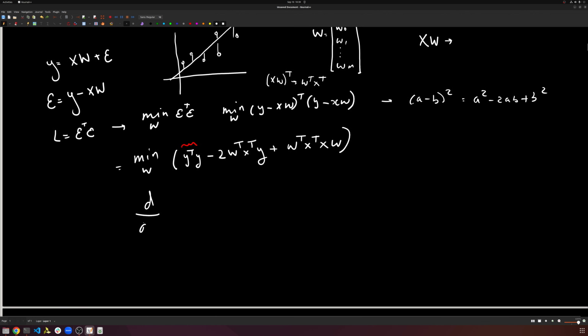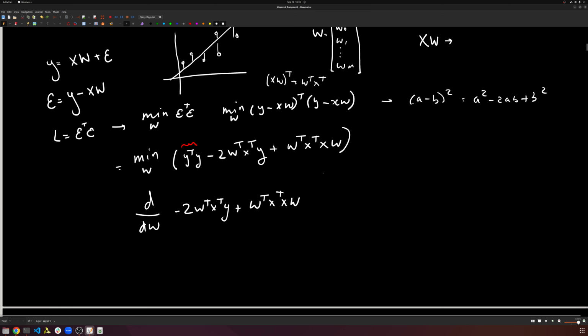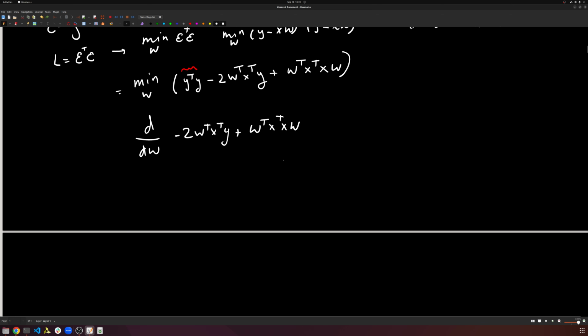So the derivative with respect to w is of negative 2 w transpose x transpose y plus w transpose x transpose xw. Again, whenever you get confused about matrix derivatives, just think about it in the normal terms, and then we'll go from there. So this is really just w times x times y. If you're taking the derivative with respect to w, it's just whatever's left over. So that's going to be equal to negative 2 x transpose y.